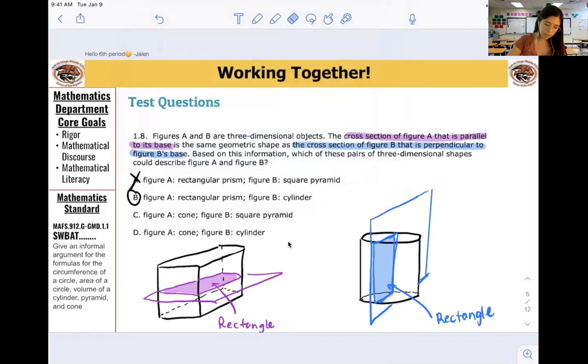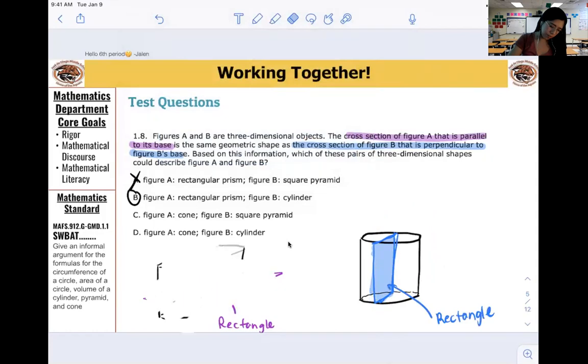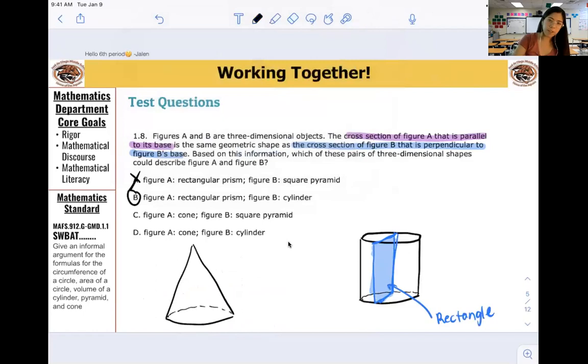Now, since I have this guy over here, I might as well look at answer choice D just to show you. For answer choice D, if I had a cone for figure A, and I'm cutting it parallel to the base, what shape would that be? Good, Tyrone. Yeah, it would be a circle.